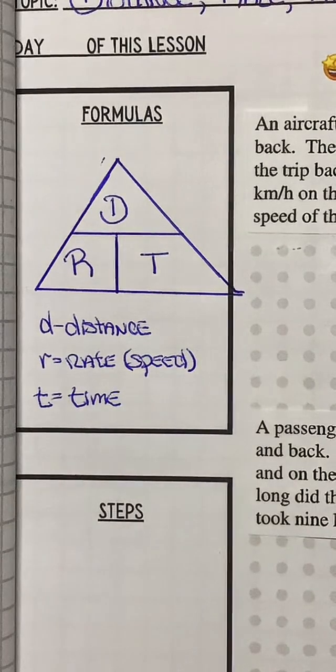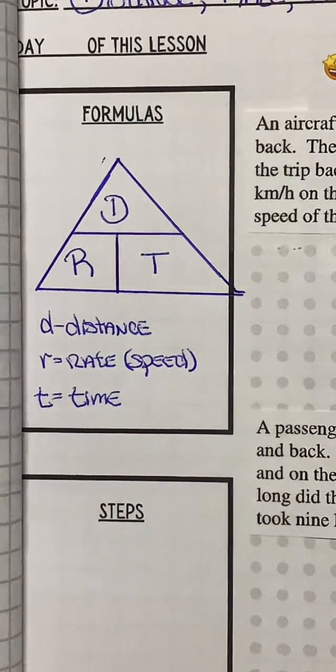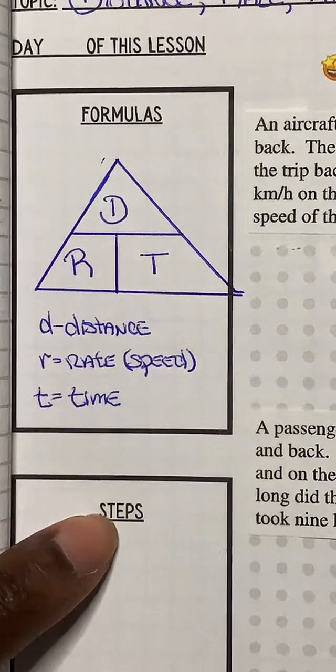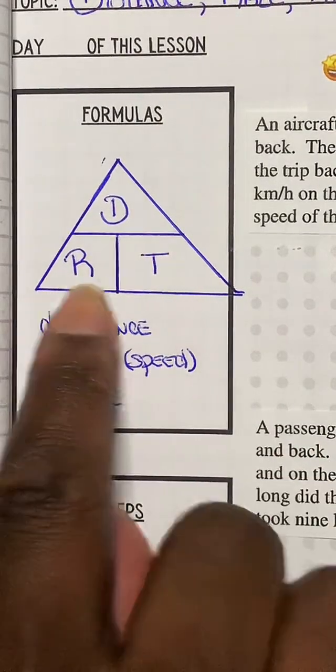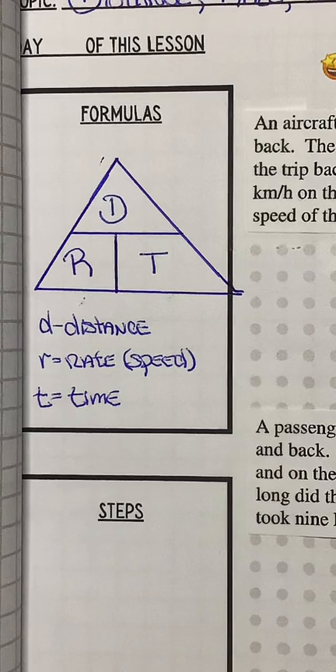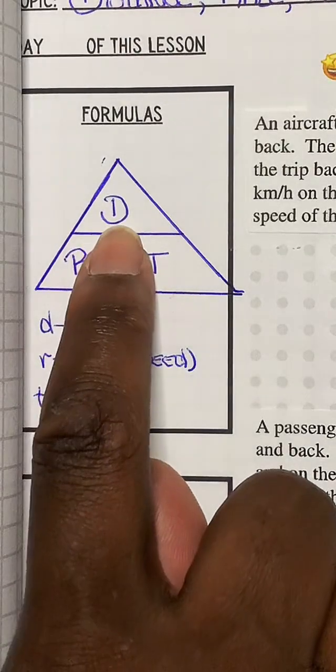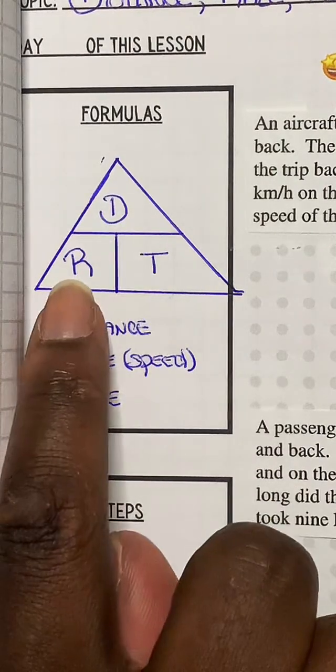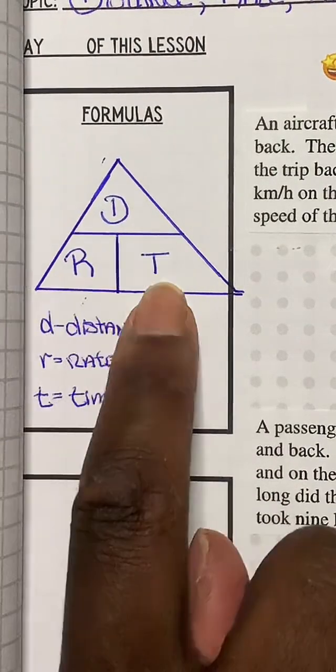Okay, a lot of people probably have seen distance, rate, and time. Maybe people have seen distance, speed, or time. Some people might have seen it, especially for science, as mass, density, and volume.